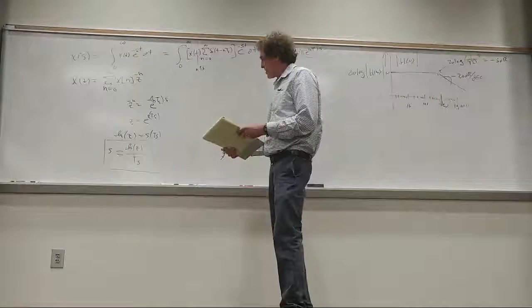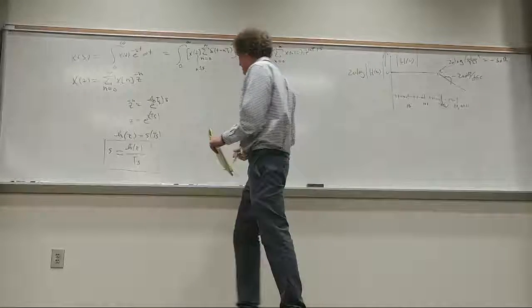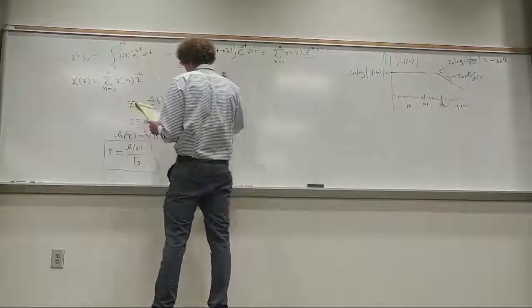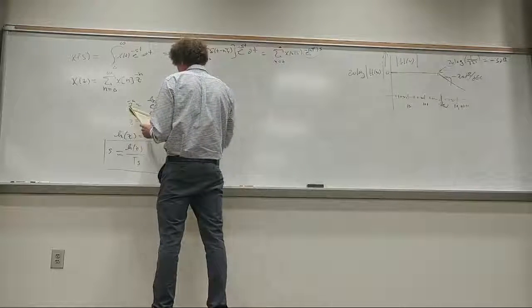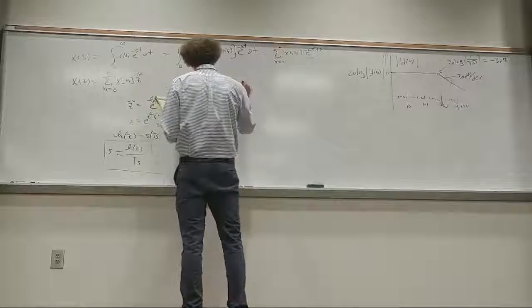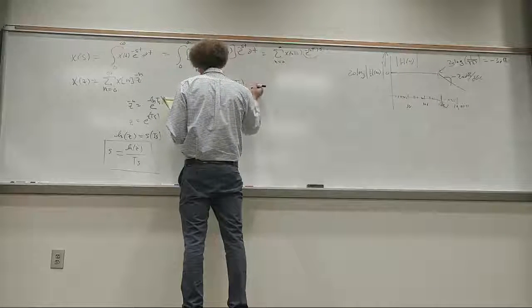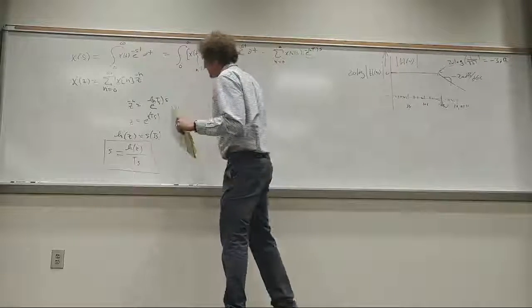Also, because of that, you can also get z, and I'll put this over here. I don't want to throw out the proof on this one. I need to do this first.